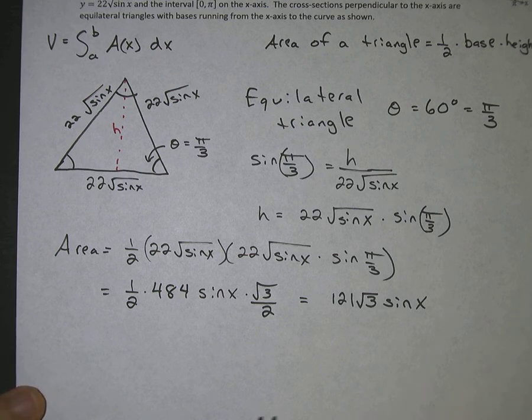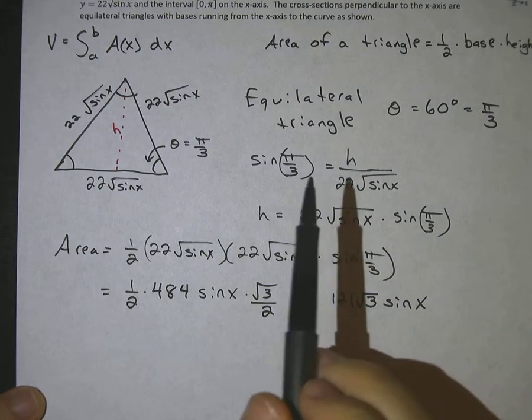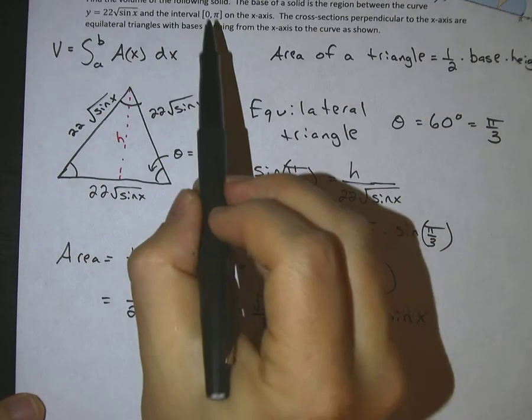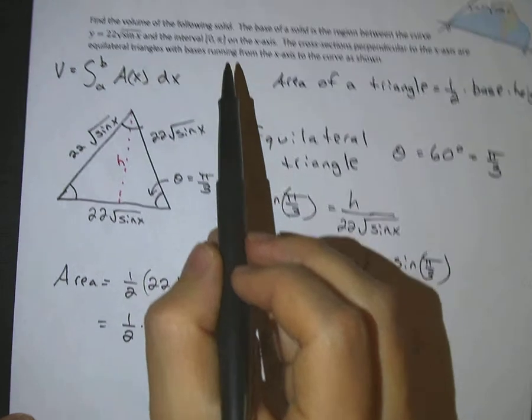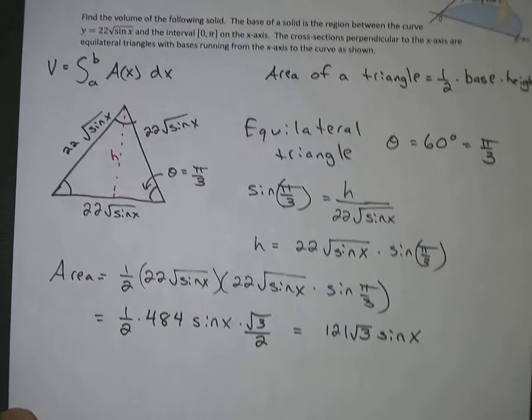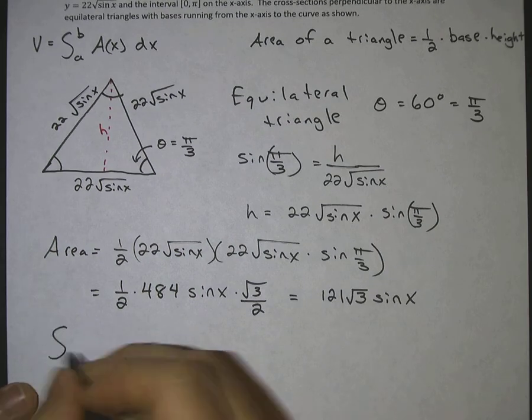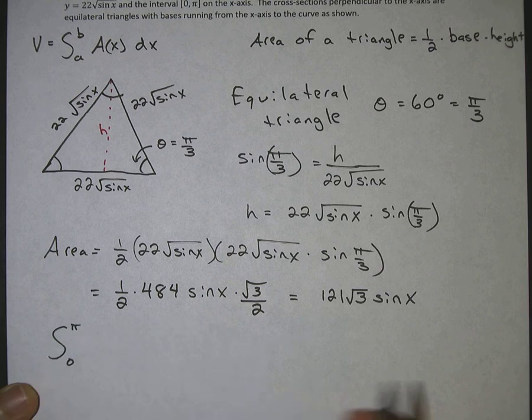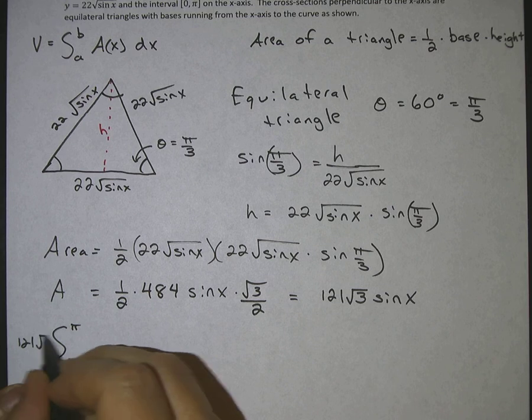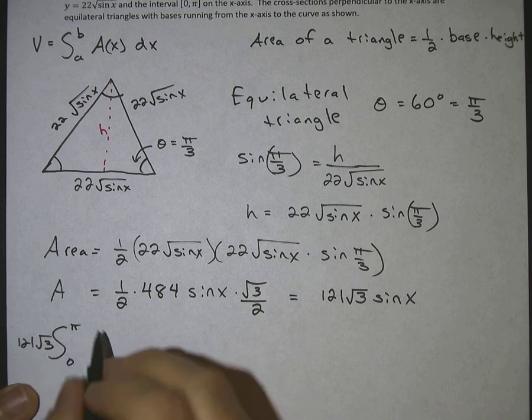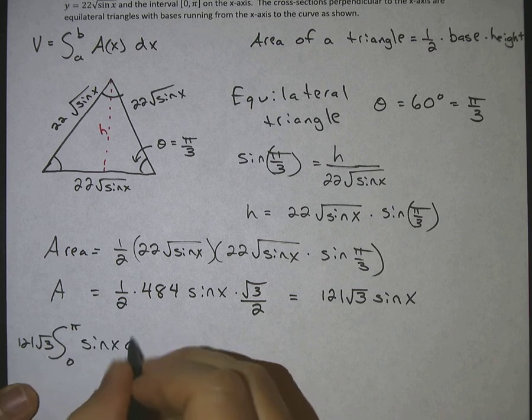Now we're going to integrate this area function, given by this formula here. Recall that we're integrating from 0 to pi, shown on the picture here. So we're going to integrate the area function from 0 to pi. I'll put the 121 root 3 out front, and then the function sine x on the inside, dx.